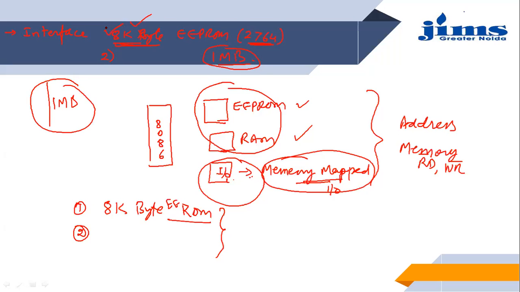Out of these 1 mega locations, where in this space do you want to keep your memory? You have addresses above this and below this. Where in this address space do you want to have your memory locations?